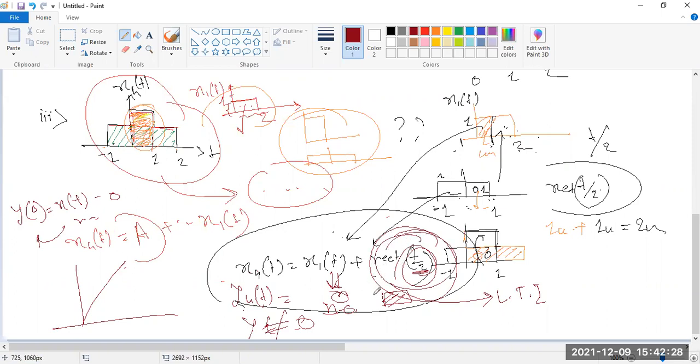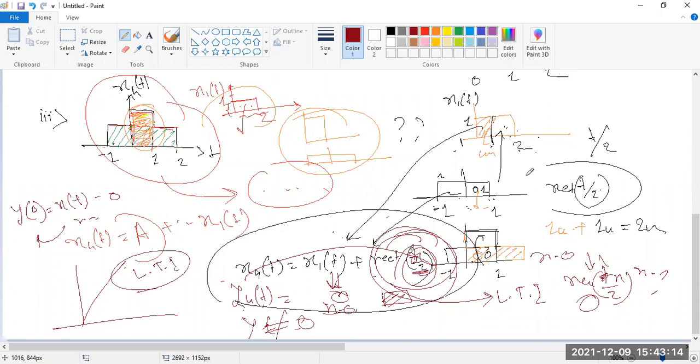If an added term is there without x, then it is not linear or time invariant. But if there is some x term, then even if I put 0, it will give 0. Here the rectangle of t by 2 has no x term, so whatever x I put, it will not be affected. Without an x term, it must have some value, so y is not 0. So this is not an LTI system.